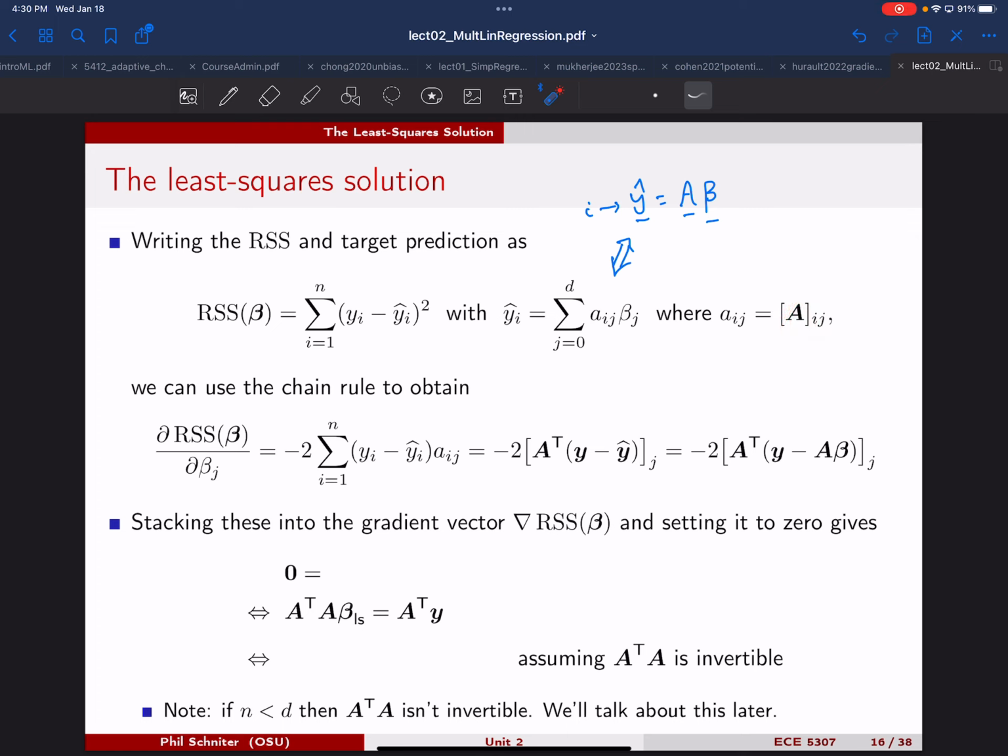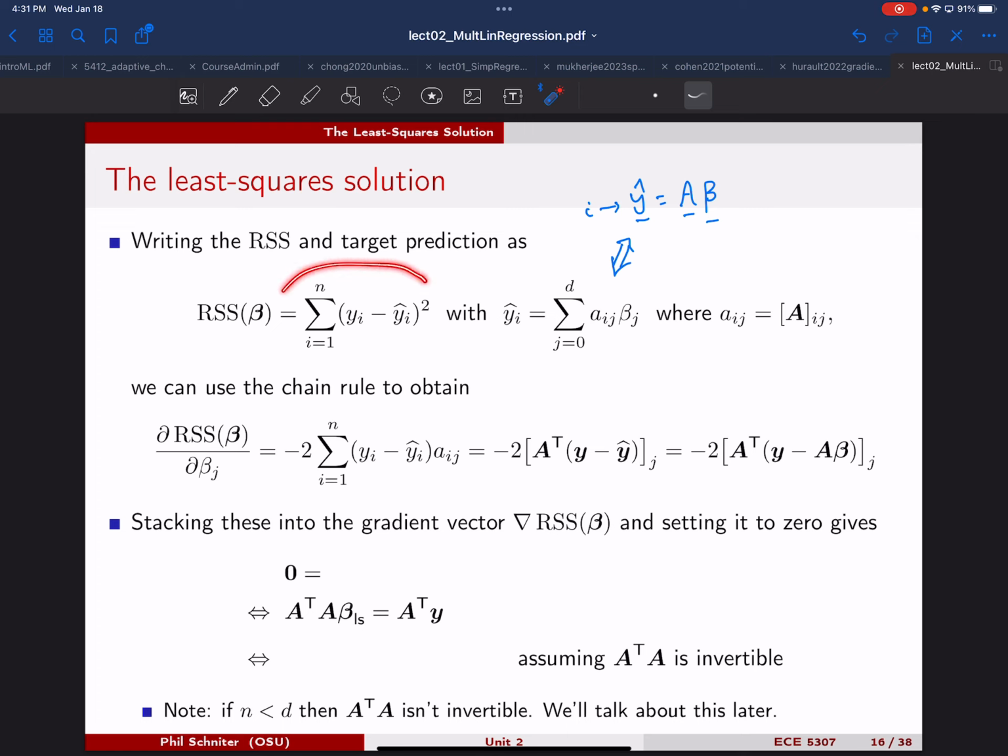Okay, so this is what we want to do. We want to make sure that these partial derivatives equal 0 for all j, all our different terms. So the first thing to do is apply the partial derivative with respect to beta j of this. We did this last unit. Essentially, we need to use the chain rule and the fact that differentiation is linear.